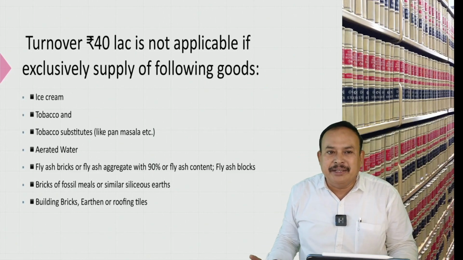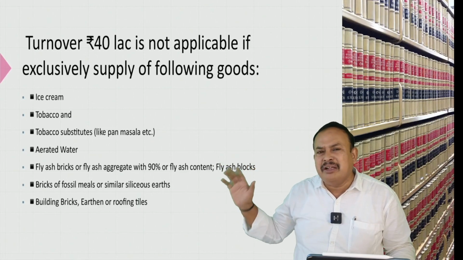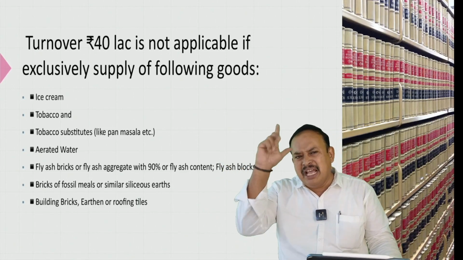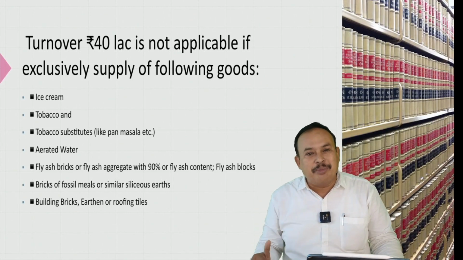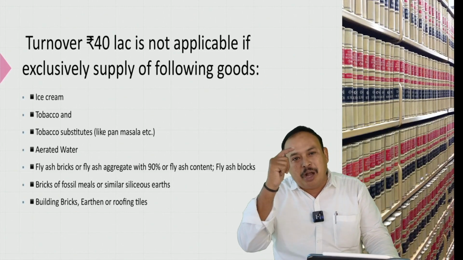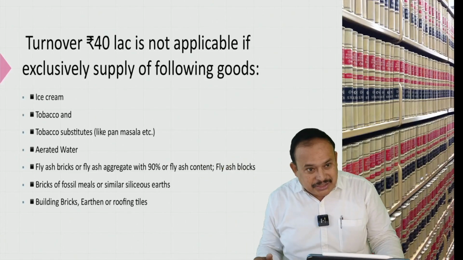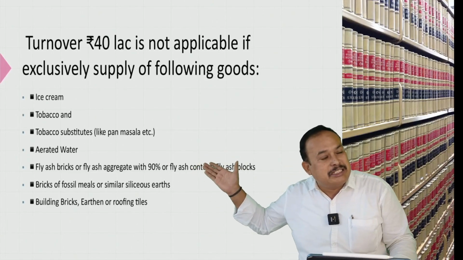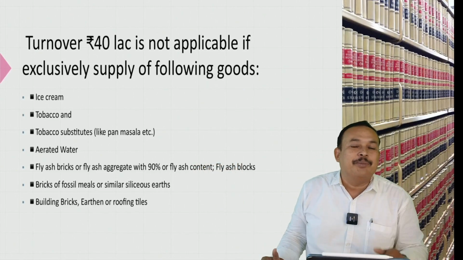Any difficulty? These are ice cream, tobacco, pan masala, water. Where do we come across it? Somewhere we come across it: the composition scheme. In that composition scheme, we referred to manufacturers of these products, what is displaying on the screen, as not eligible for the composition scheme.